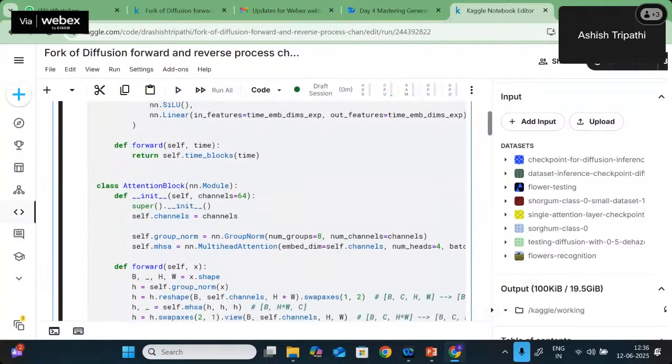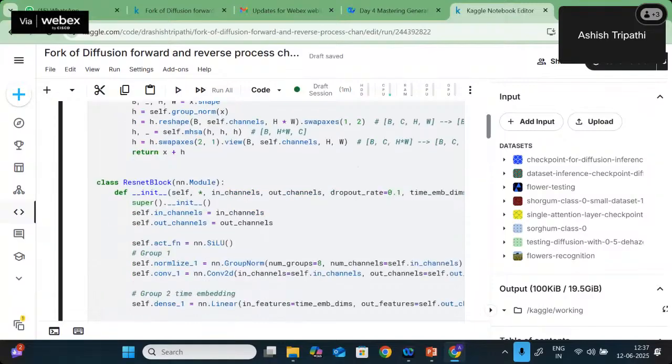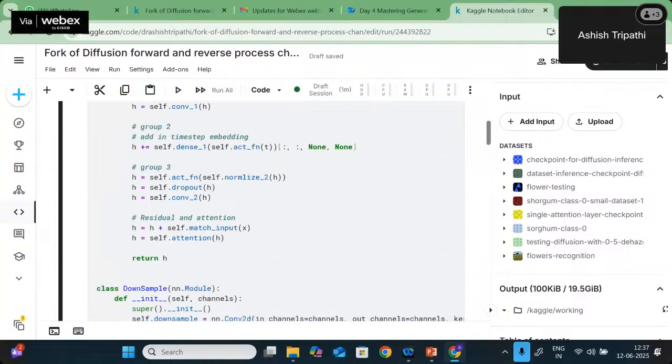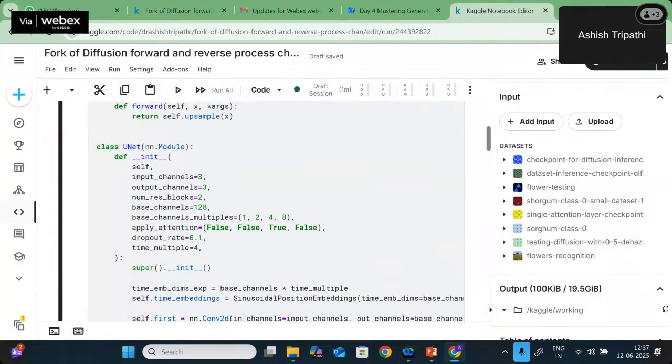What I told you is that the only thing you need to do is choose a neural network that will be used for prediction of the noise in the reverse phase. I have taken an attention-based UNet architecture. I have added some attention blocks to the original UNet architecture in order to retrieve lost information.